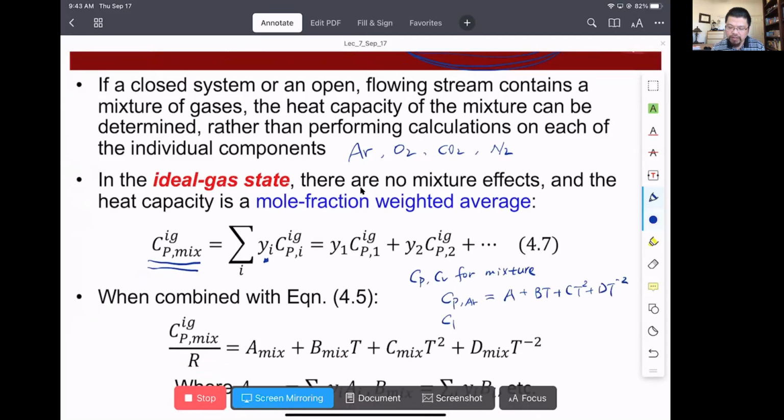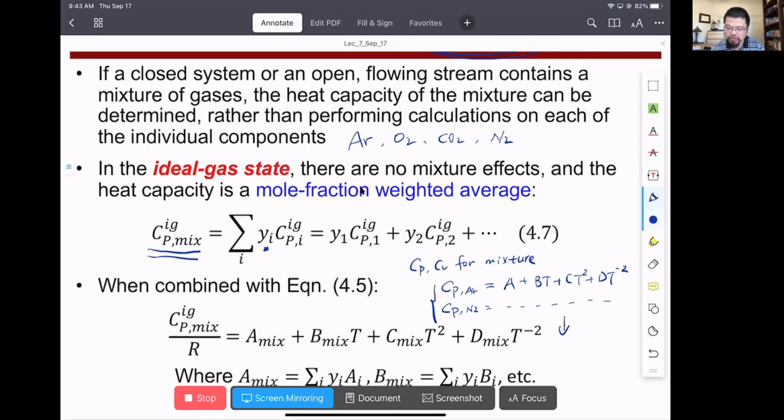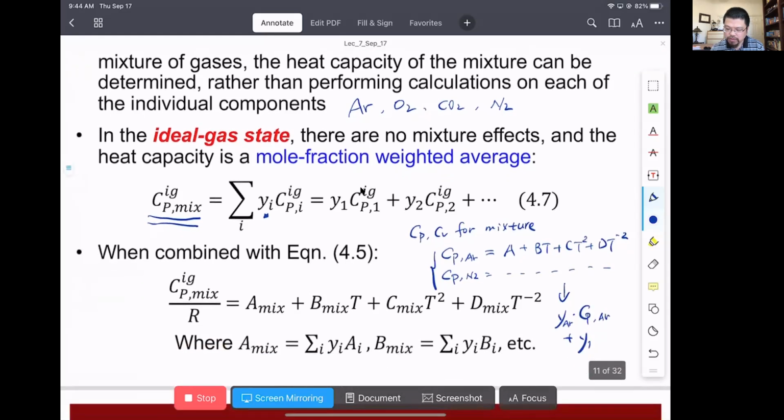Then we also figure out the Cp of nitrogen using its corresponding A, B, C, D coefficients, and figure out what the Cp value is at that temperature. And then we just do y argon multiplied by Cp argon plus the molar fraction of nitrogen multiplied by Cp nitrogen. So that would be the Cp of the mixture of argon and nitrogen, for example.